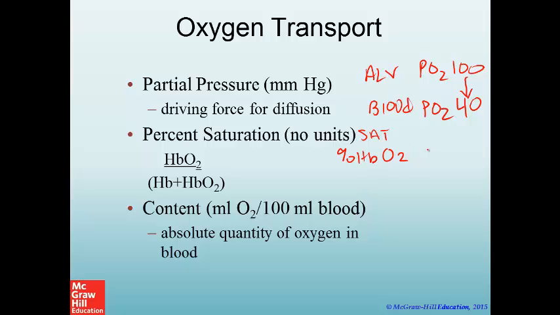And that saturation percentage should almost always be greater than 95%. So that means that 95% of the hemoglobin in your arterial blood should be bound to oxygen, should be carrying oxygen. The other 5% might be damaged. It might be carrying CO2 or something else.